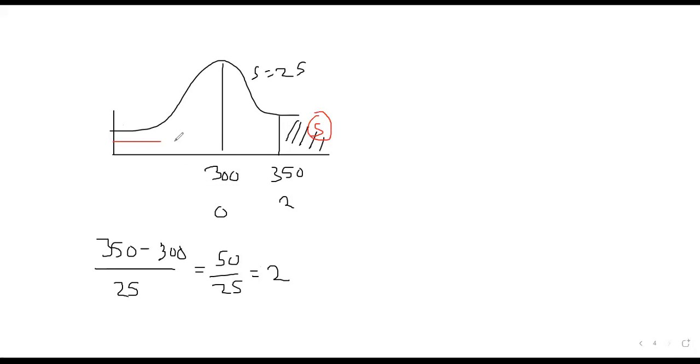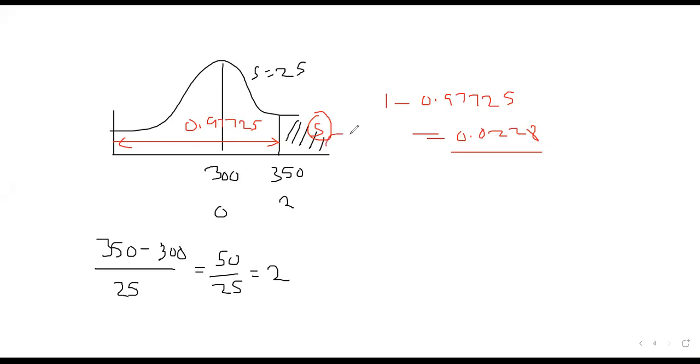The reading from the table is 0.97725. If this is 97%, obviously this small area will be 1 minus the probability that we read from the table, 0.97725. Altogether, this will give us 0.0228. That is the probability of the remainder here. Is that clear now?